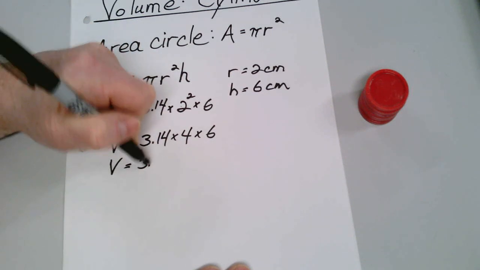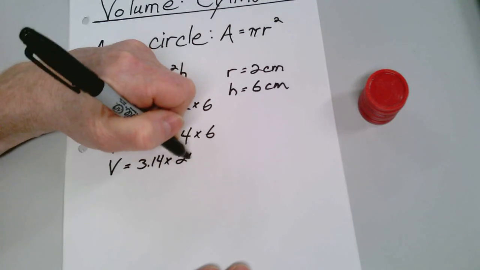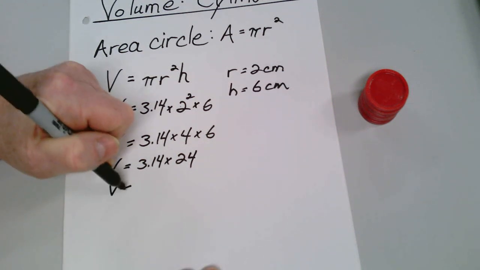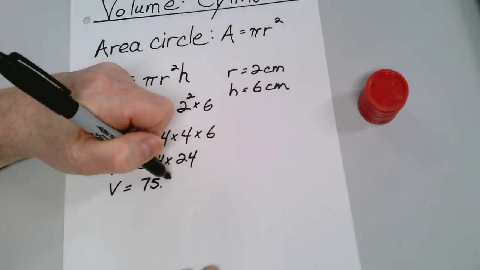So we're going to say 3.14 times 4 times 6, which is 24. And then from there we actually have to work it out. 3.14 times 24 is 75.36.